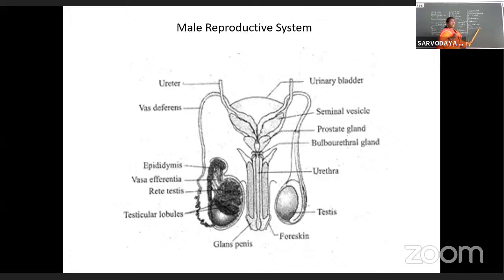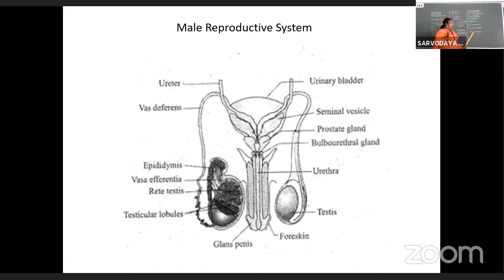The duct continues and loops around the urinary bladder. Further, it continues behind and it opens into the urethra.